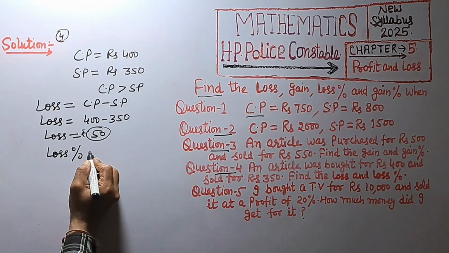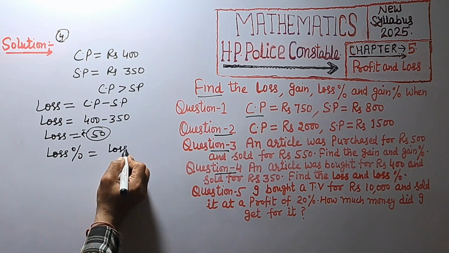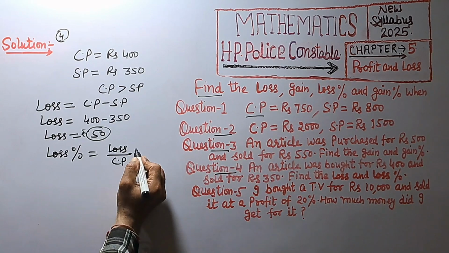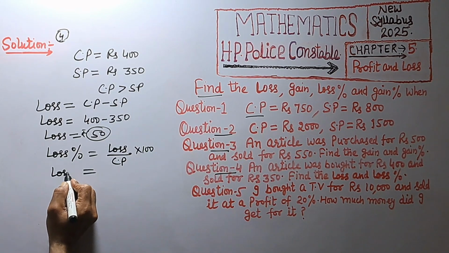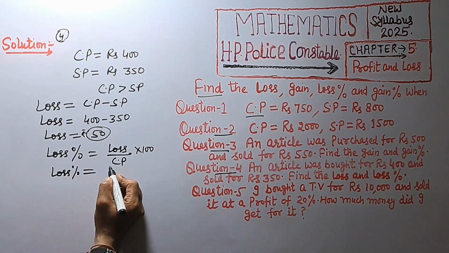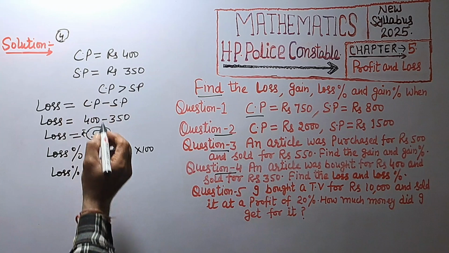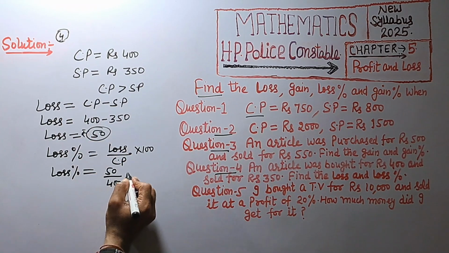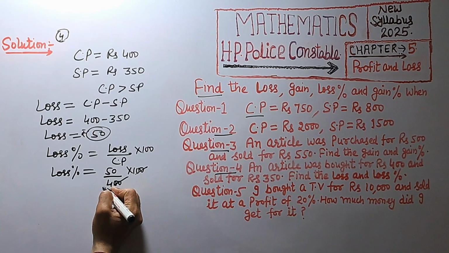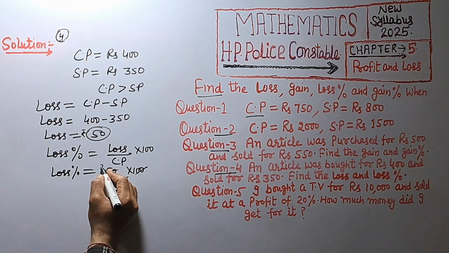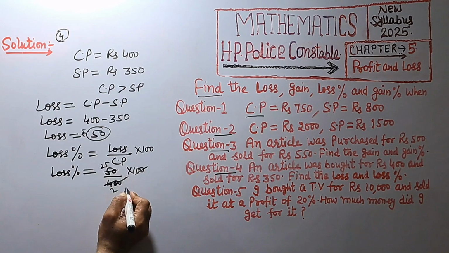And loss percent equal to loss upon CP multiply by 100. Loss is 50 rupees. Cost price is 400 multiply by 100. 0, 0 is cancelled, and we get 25 2s are 50, 2 2s are 4.